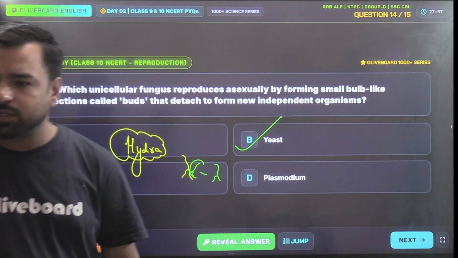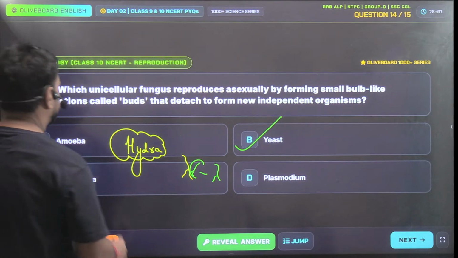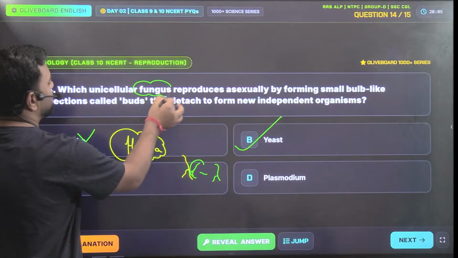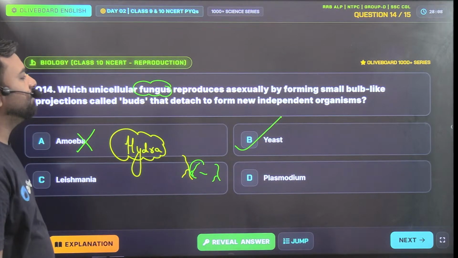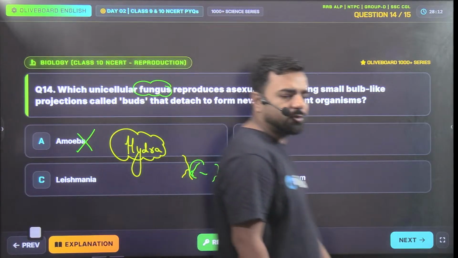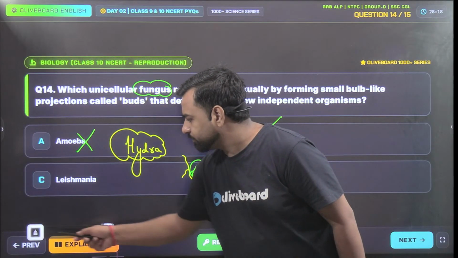So here, what is the answer? You both were going with A. So it's not amoeba. The question is, see, unicellular fungus that reproduces asexually by forming small bulb-like projections, that is buds. So that's the yeast. So yeast, that is option number B, will be the correct answer, right?